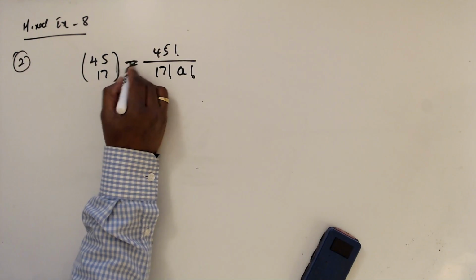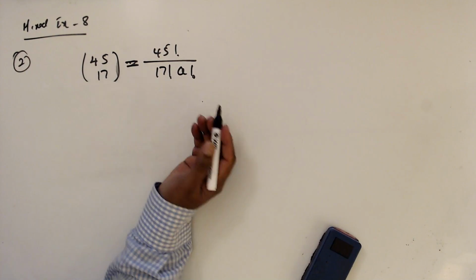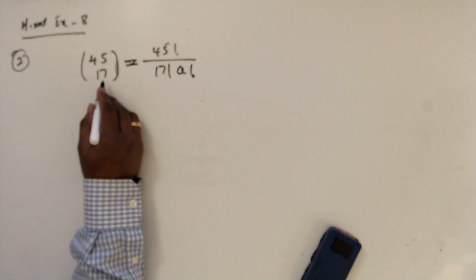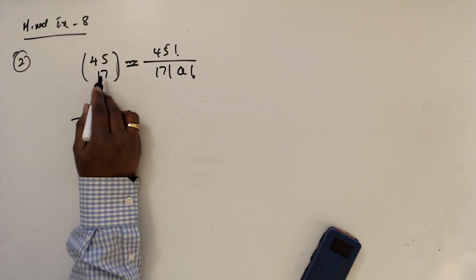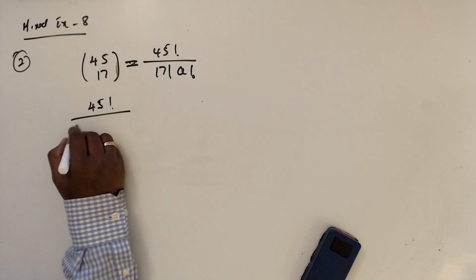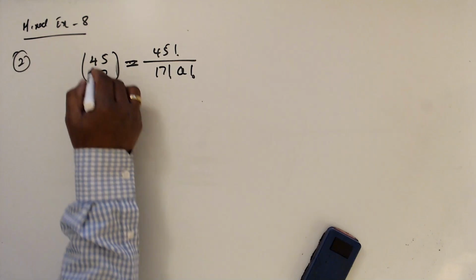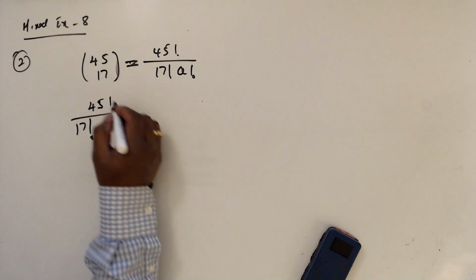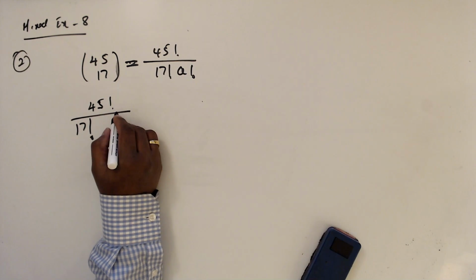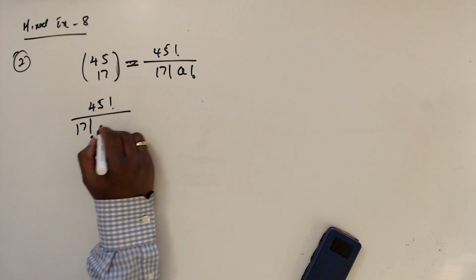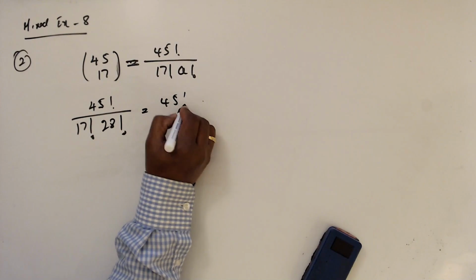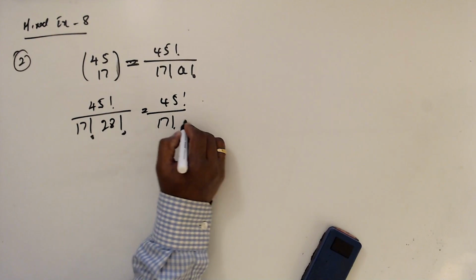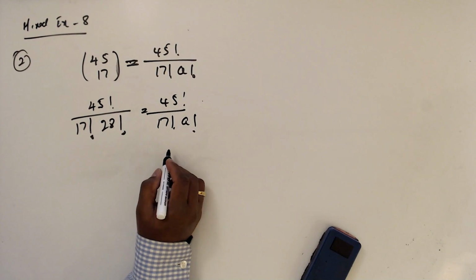This is the equation we want to solve, and we want to find a. So I can write this one as factorial 45 and factorial 17 and the factorial of the difference, 45 minus 17, 28, and on the other side 45, 17 factorial, a factorial.